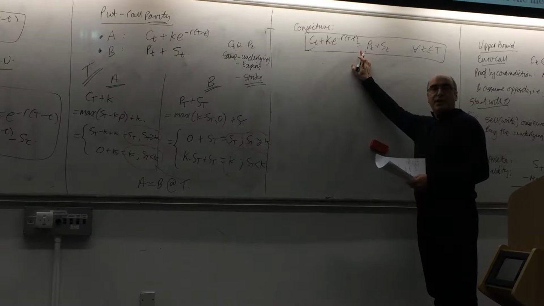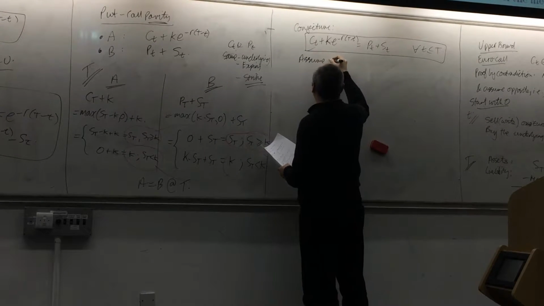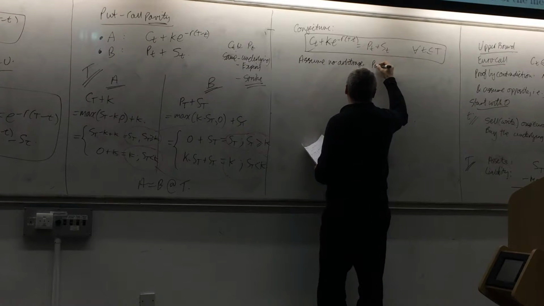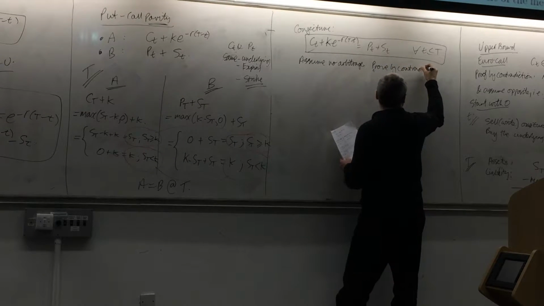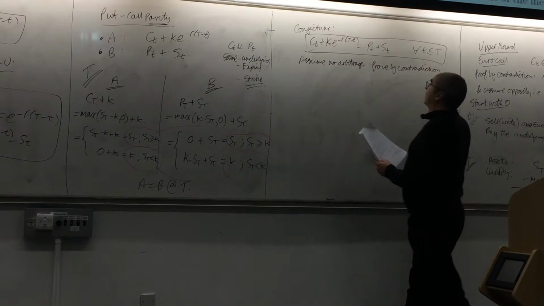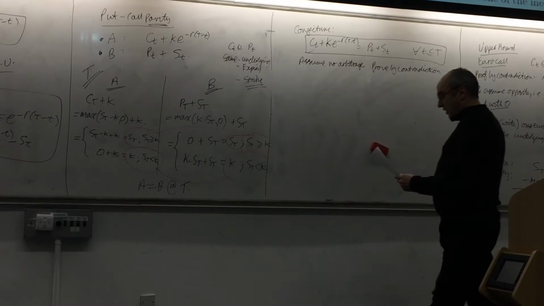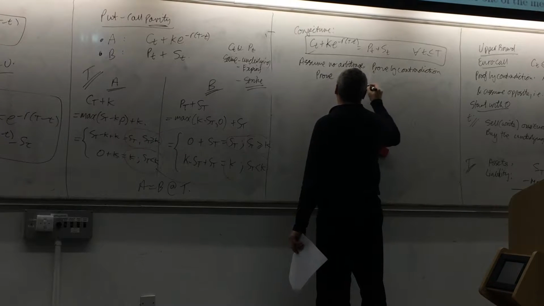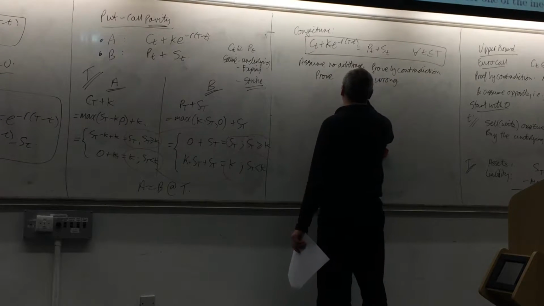So if we're going to prove it by contradiction, because it's an equality, we've got to prove all the other possible scenarios cannot hold. So there are two things that we actually have to prove here. We've got to prove that the greater than is wrong and the less than is wrong.